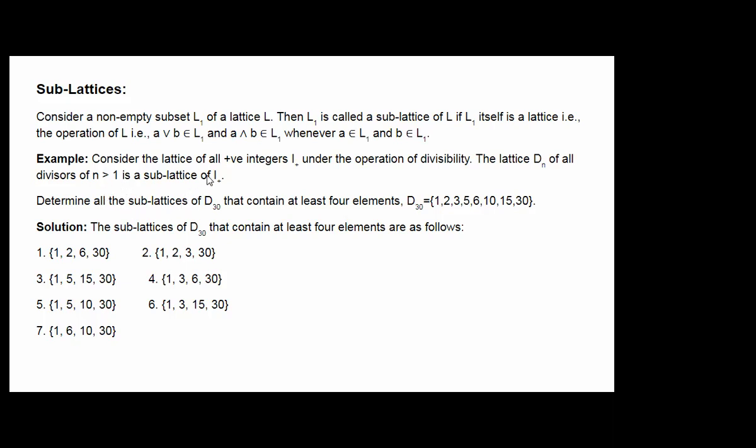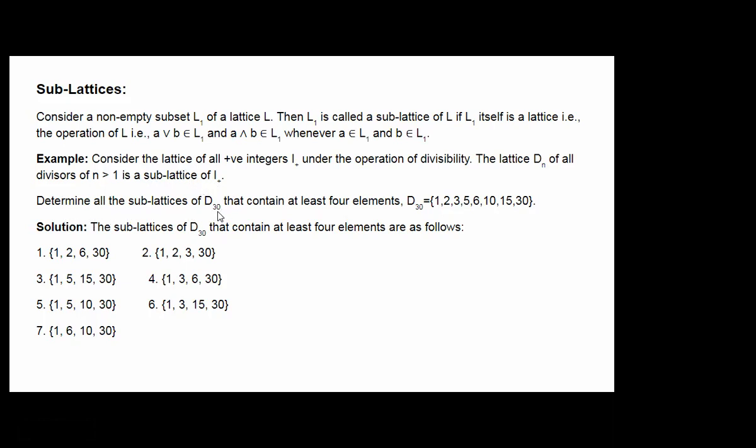Divisors of all the numbers will be there in I plus. So we can call the lattice Bn of all divisors of n greater than or equal to 1 a sublattice of I plus.